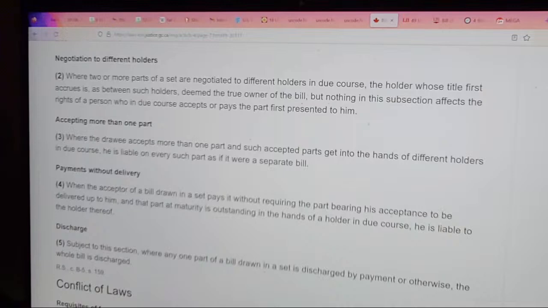Where two or more parts of a set are negotiated to different holders in due course, the holder whose title first occurs is, as between such holders, deemed the true owner of the bill, but nothing in this subsection affects the rights of a person who in due course accepts or pays the part first presented to him.